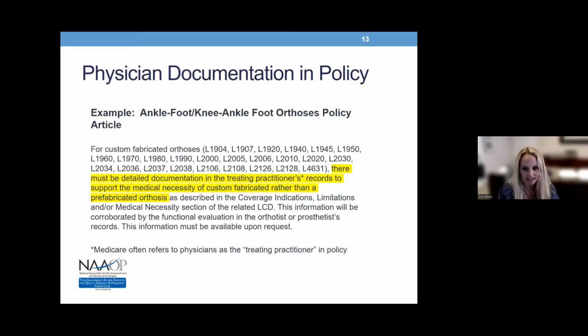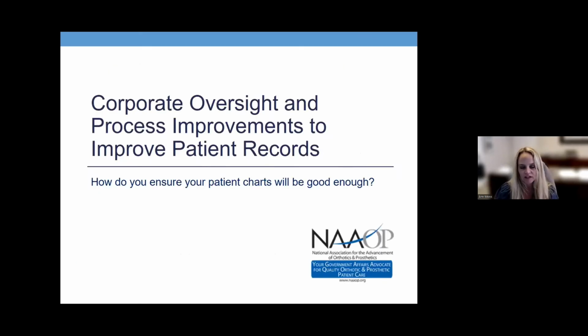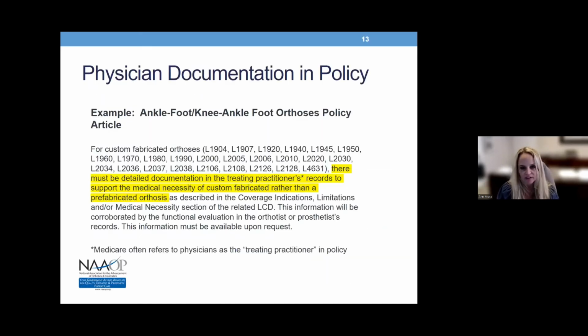If you keep reading, this information will be corroborated by the functional evaluation of the orthotist or prosthetist records. So they always talk about the treating physician's records as the actual prescribing physician. So look for those specific carve-outs within policies. Some have them, some don't, but make sure you're familiar with them.